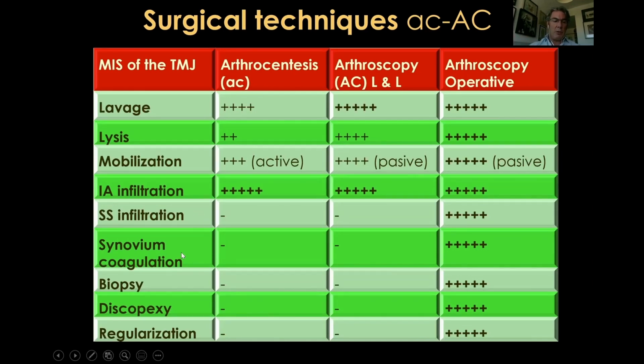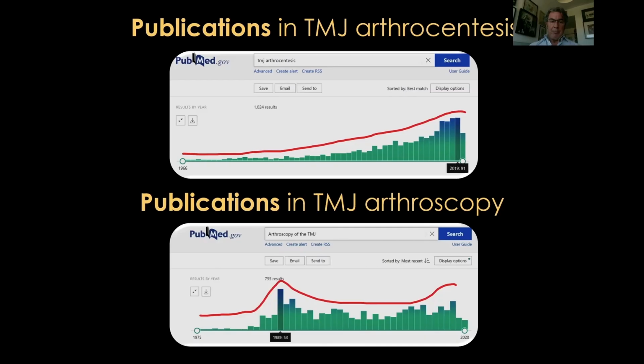We can infiltrate, coagulate, biopsy, do discopexy, and so on. So always try to get to that step of operative arthroscopy. We know that the interest in the publication of arthrocentesis, as you can see, is increasing over this time from these initial years. And also arthroscopy had great interest in 1989, and right now the interest in the publication of these techniques is increasing again.